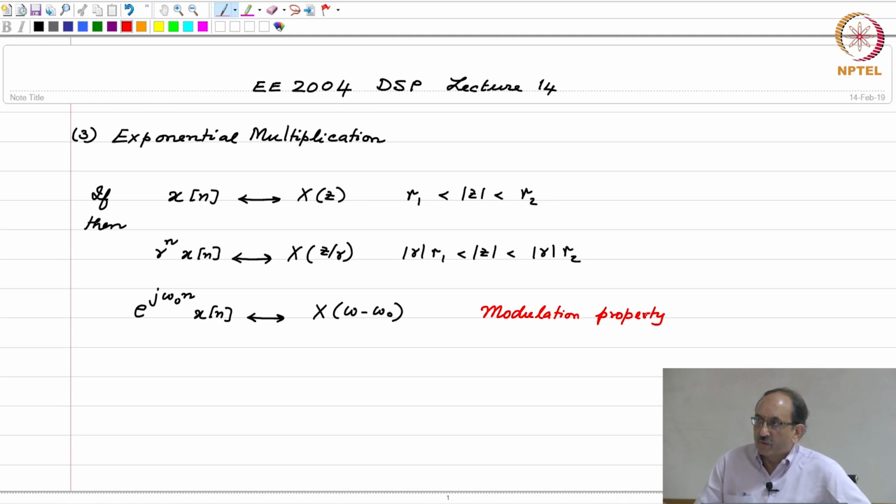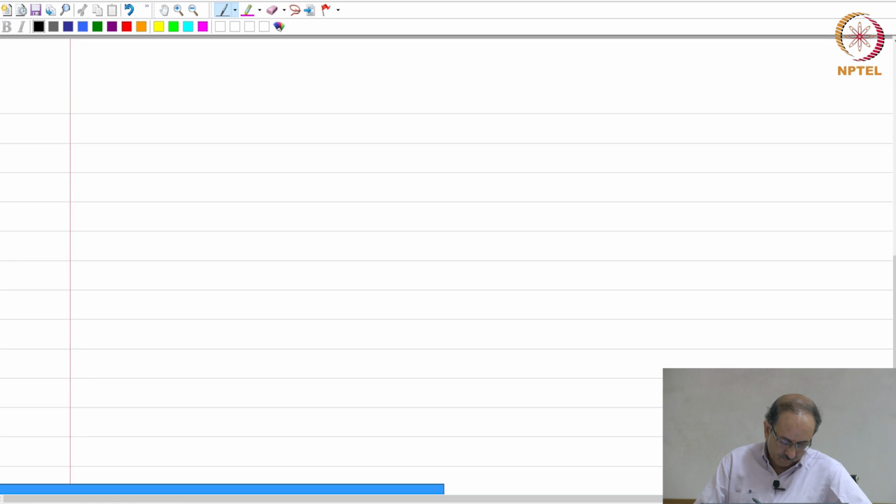So, if you have to shift in the frequency domain, you have to modulate in the time domain. The proof is really very simple for this.